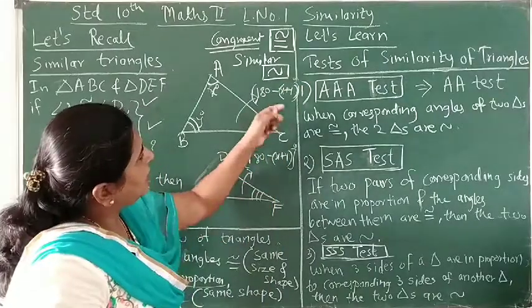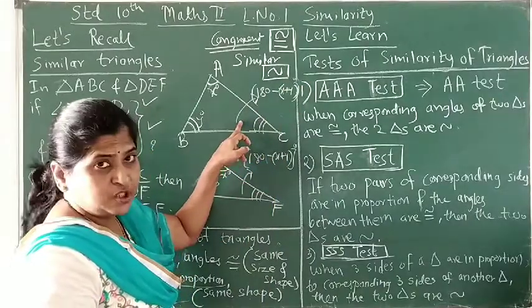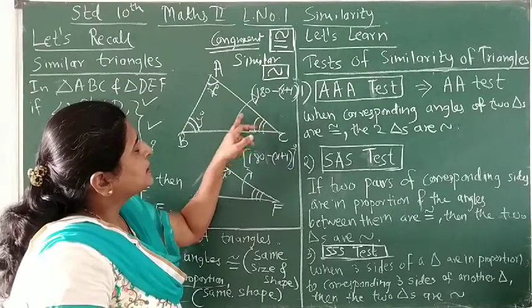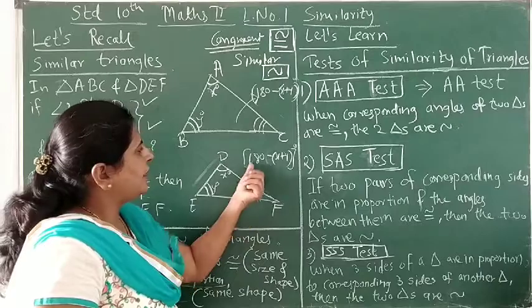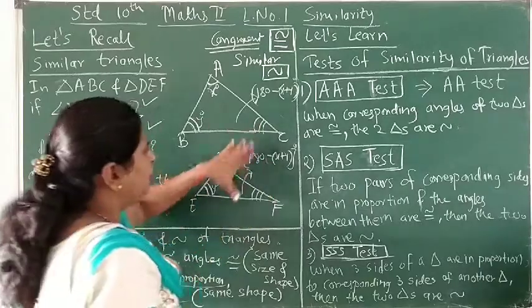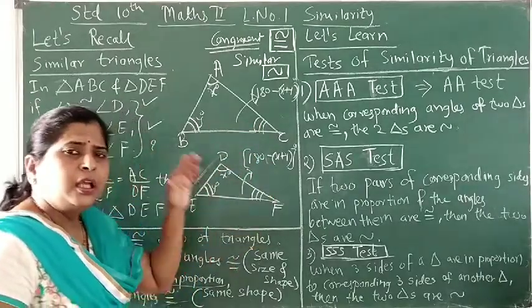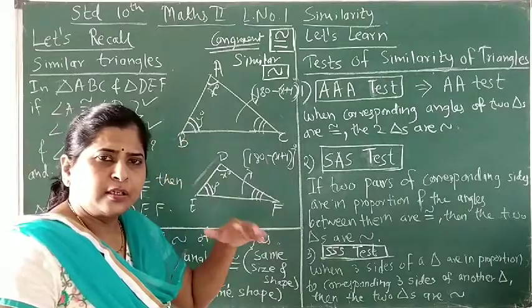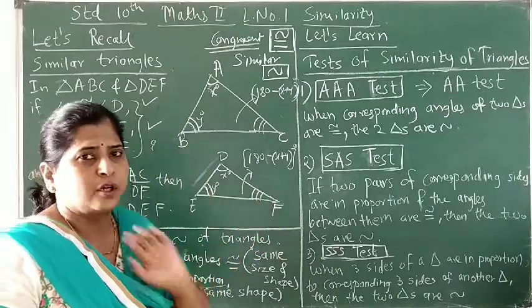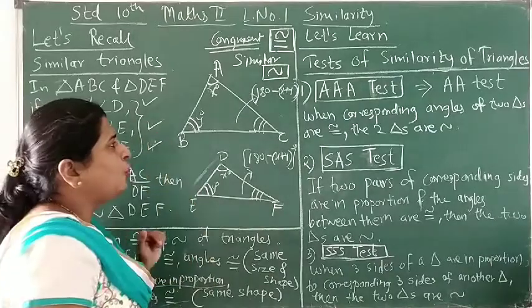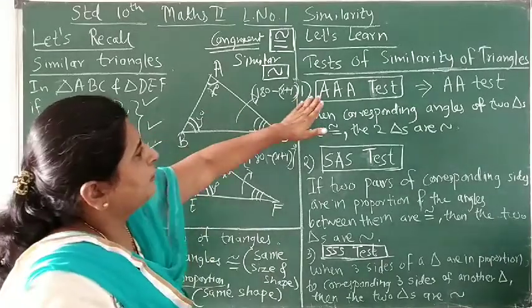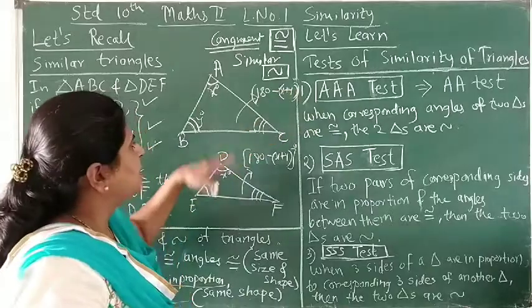So we can see that the measure of the remaining angle is going to be 180 minus the sum of x and y, and here also 180 minus x and y. So though we do not know about the third angle, if we know that only 2 pairs of corresponding angles are congruent, still we can say that this third pair is also congruent. So by using the AA test, we can prove the triangles are similar.